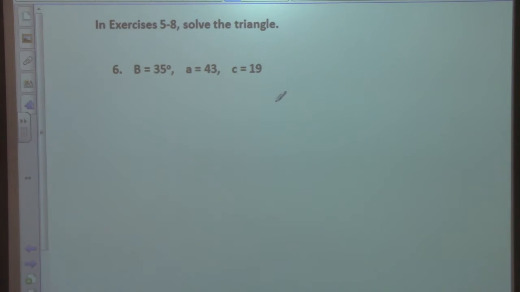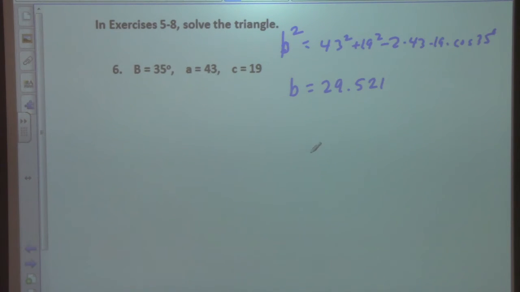So b squared equals 43 squared plus 19 squared minus 2 times 43 times 19 times cosine 35 degrees. Okay. I went to the calculator, and B equals 29.521.